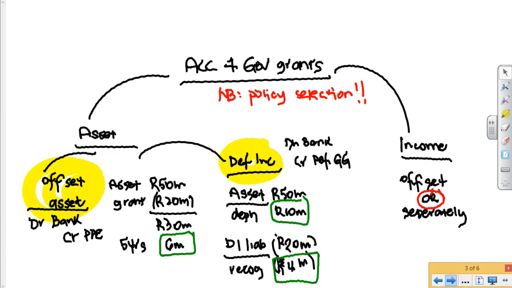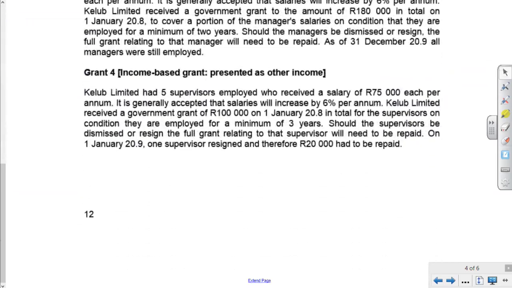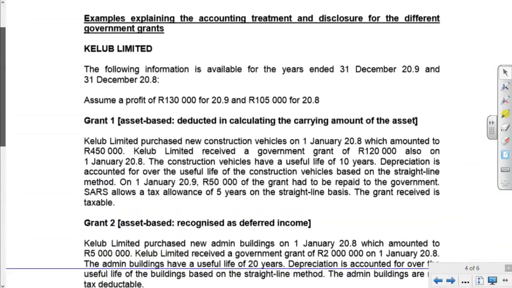In your study guides, right at the beginning, I think it's like the 3rd or 4th page. I can actually see what page it is because I copied the page. Page 12.